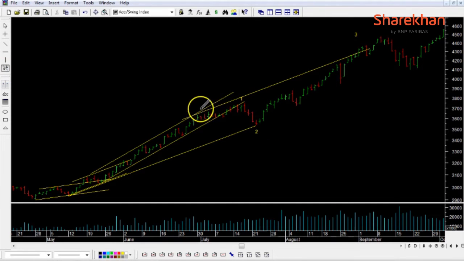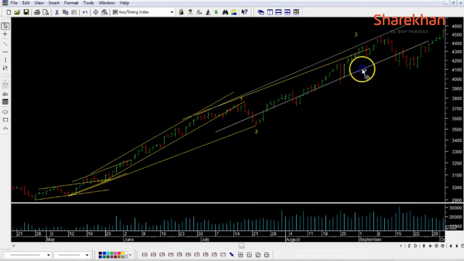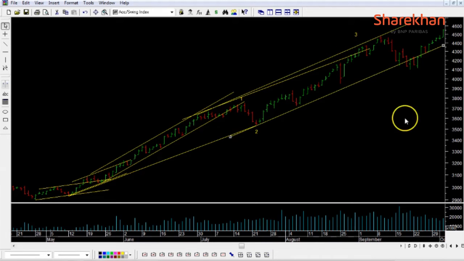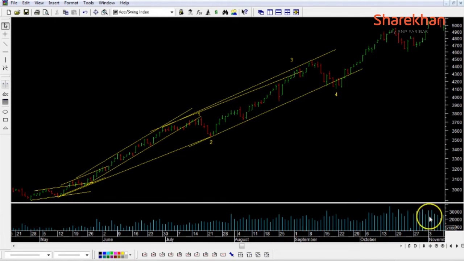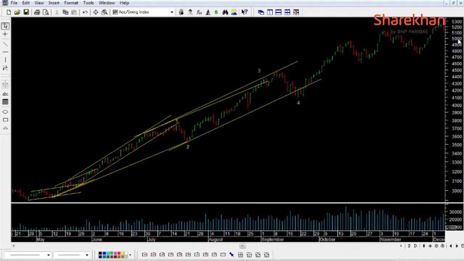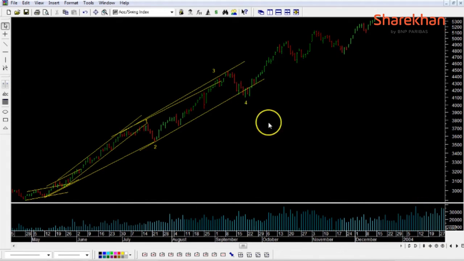Now when that happens, we want to look for the next correction. We apply the same methodology again. We take a trend line of the highs and draw a reverse channel, and you note how the reverse channel was achieved. In fact, prices fell below it in this fourth wave, and this drop back below is what we call a throw under. Typically when you get a throw under in price, Elliott wave analysis suggests that you will also get a throw over in prices in the subsequent move up.